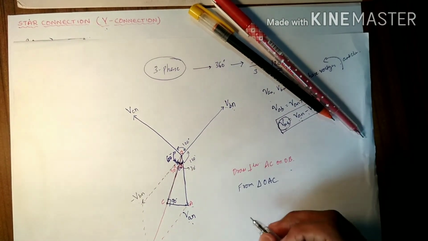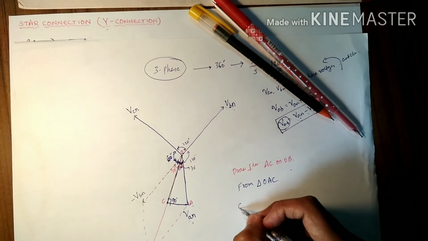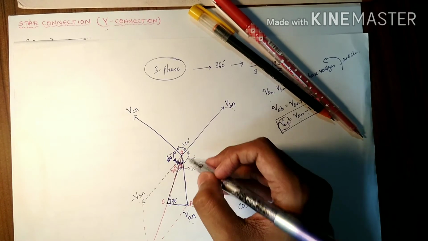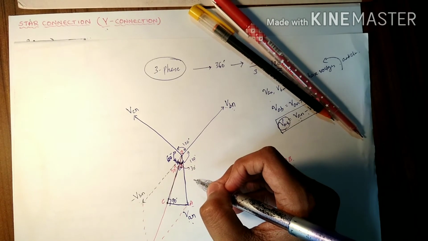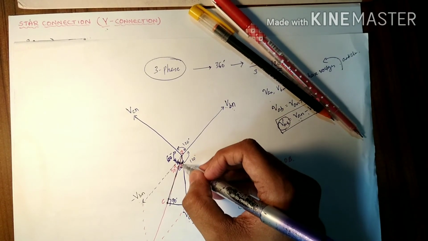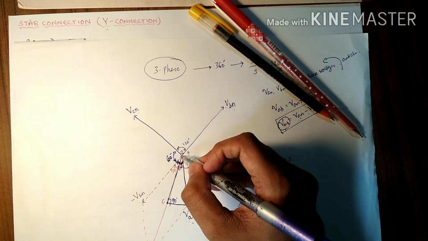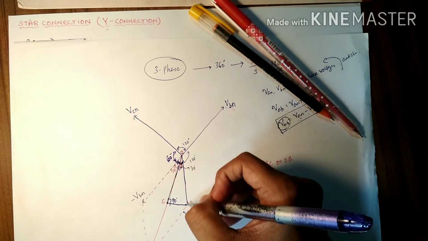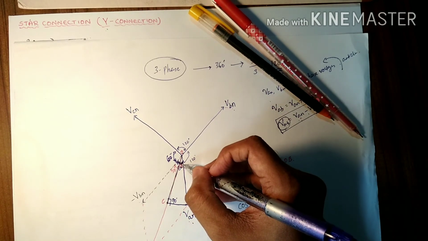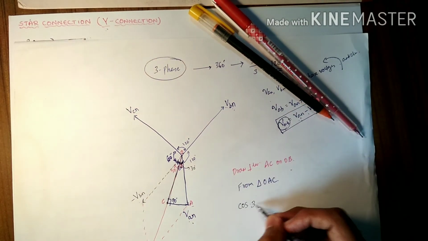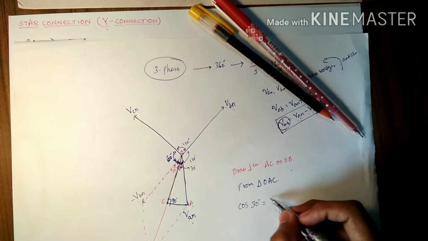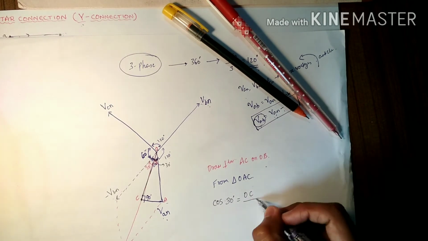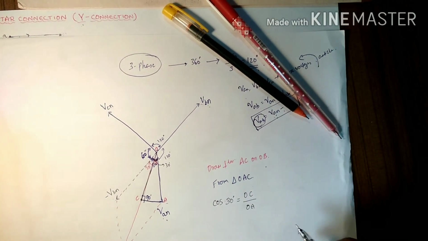So from triangle OAC, what is cos theta here? Cos is always adjacent by hypotenuse, right? Here adjacent is OC, hypotenuse is OA, and the angle between them is 30. Therefore cos 30 degrees is equal to OC by OA.